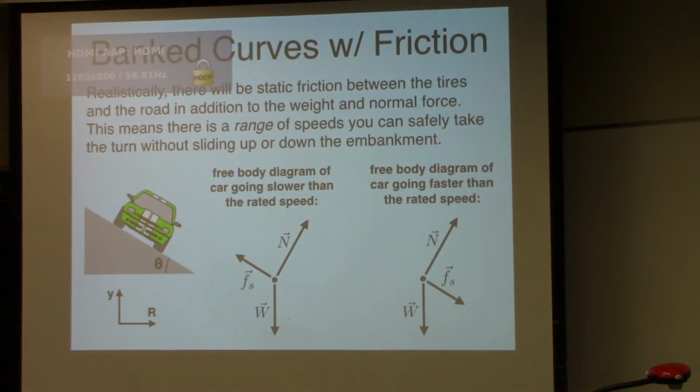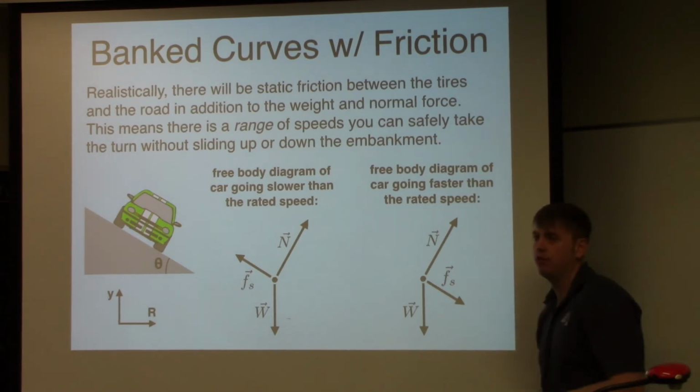It turns out there's a whole lot more to say about highway curves. And just to reiterate, the formula we derived for the rated speed assumes that there's no friction between the car's tires and the road. Now realistically, of course, there is going to be friction that holds the car in place. So that means there's not just one speed you can take the turn in.